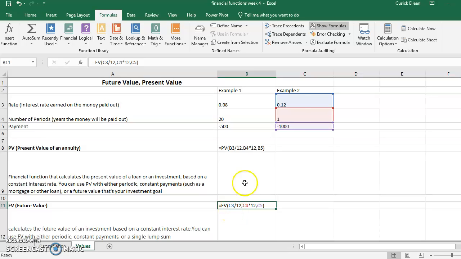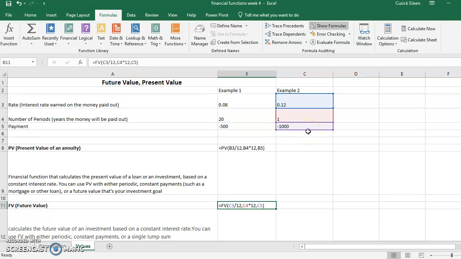I have my interest rate, which lives in cell C3, but I'm dividing it by 12 because I want to know every month. Here I have C4, the number of periods. I have 1 period, and I'm multiplying it by 12 because I'm putting it away monthly. And the payment would be $1,000.